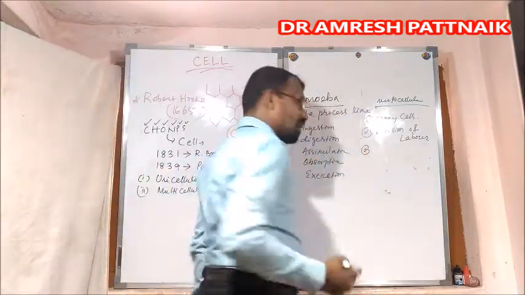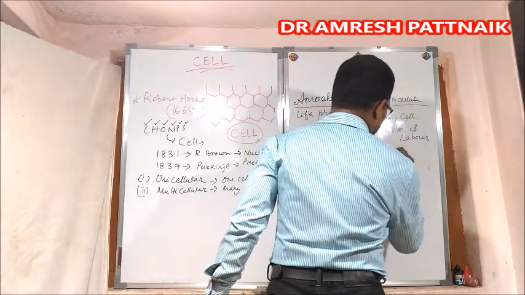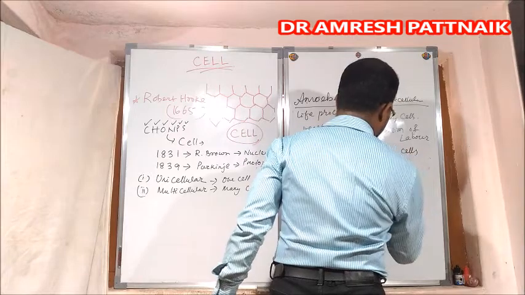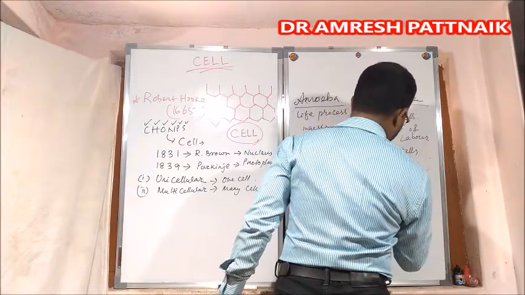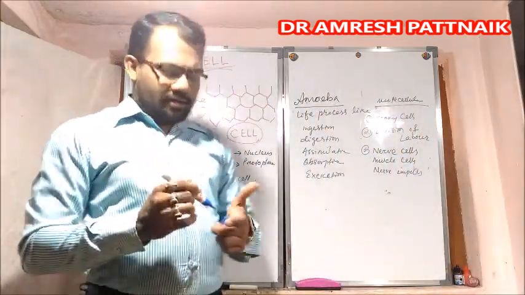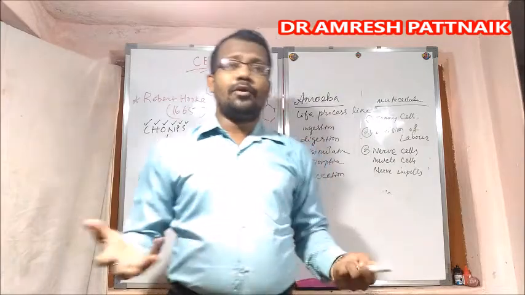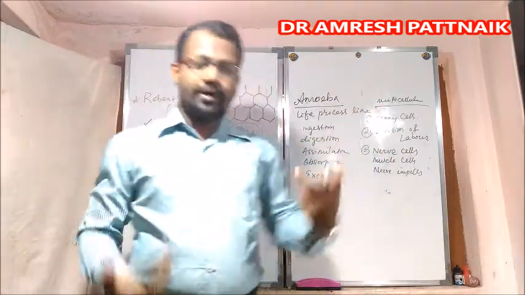Number 3, what are the cells that are present here? First, let's start. The longest cell of our body is the nerve cell. You know, the nerve cell is present in the neuron and the whole body.